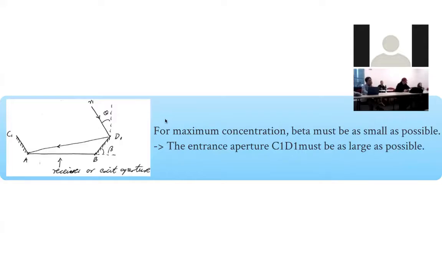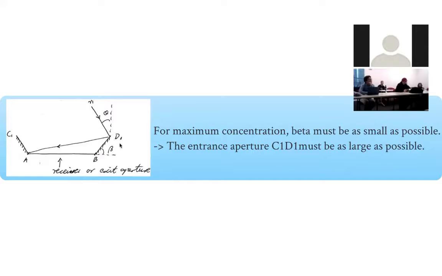In fact, we can also show maximum concentration. If you think about this geometry, in order to increase the concentration, one could decrease beta, because I want to take this ray and spread it to as large a point here as possible. That means I want to reduce beta, to make this as shallow an angle as possible.